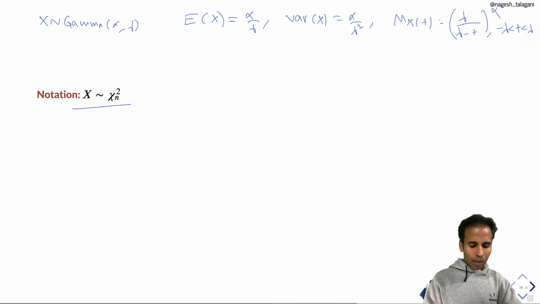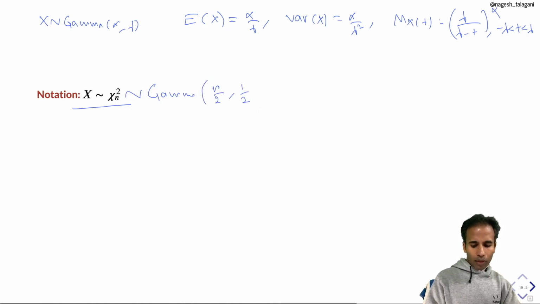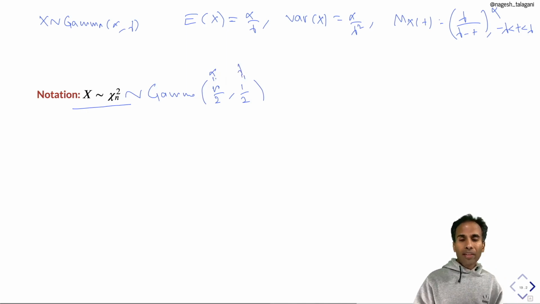Now the chi-square distribution with n degrees of freedom is nothing but a gamma distribution with parameters n by 2 comma 1 by 2. Here alpha equals n by 2, lambda equals 1 by 2. So as a gamma distribution, we can immediately answer the expectation, variance and MGF for this chi-square distribution.